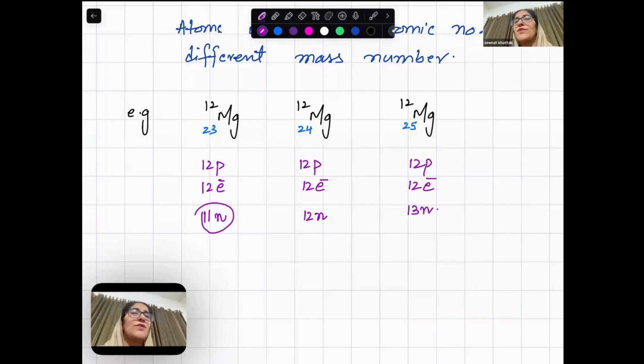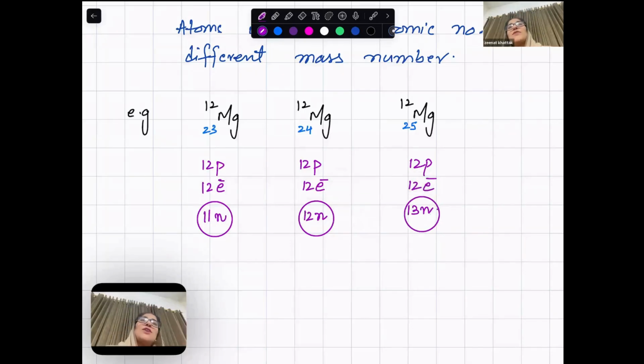So what is different? The neutrons are different, so the masses are different.